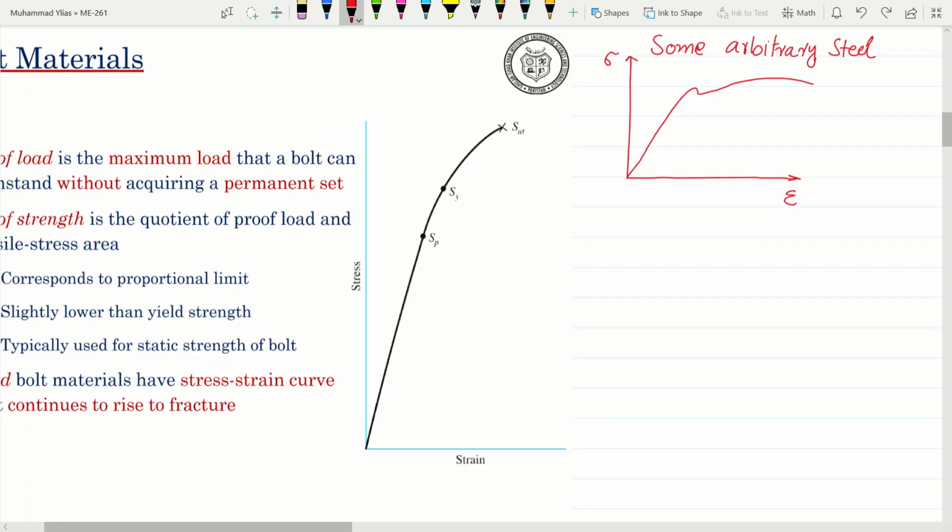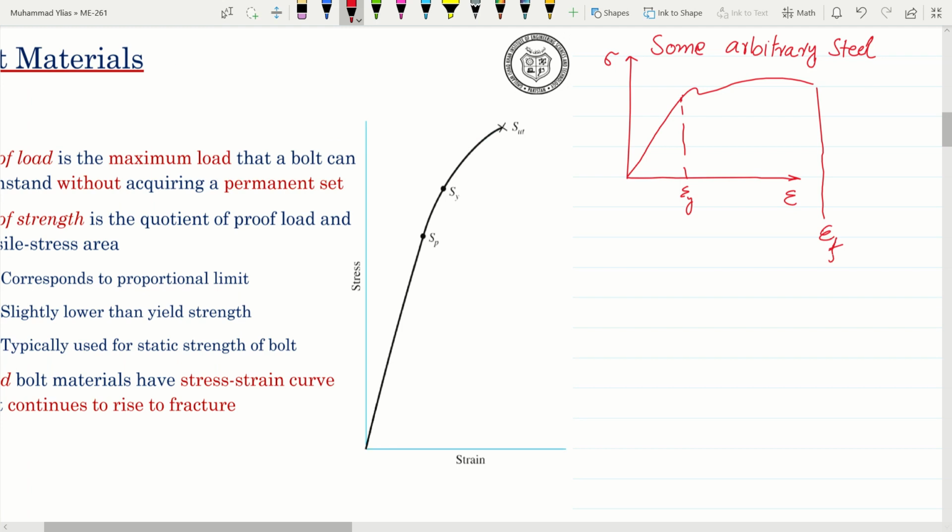The stress-strain curve for an arbitrary steel is shown, and we can identify that the strain corresponding to the yield point is much smaller than the strain corresponding to the fracture point.